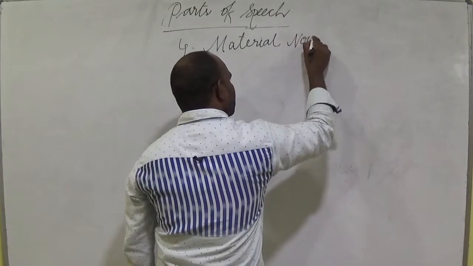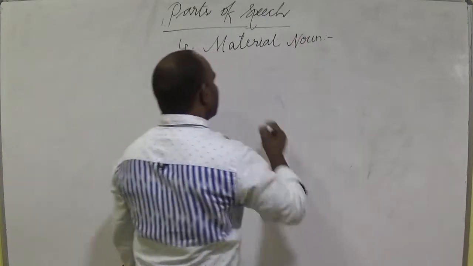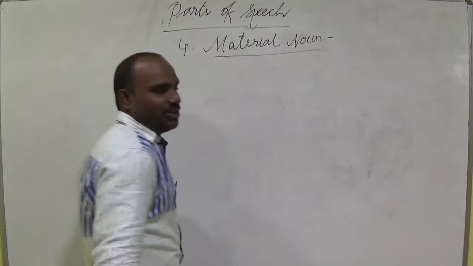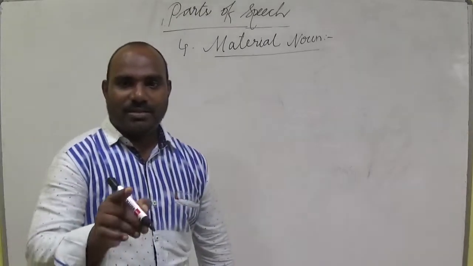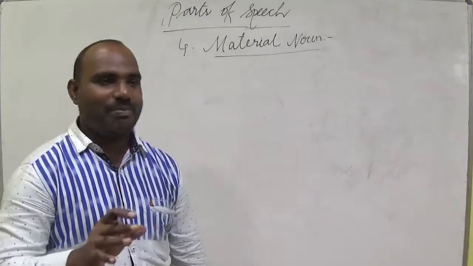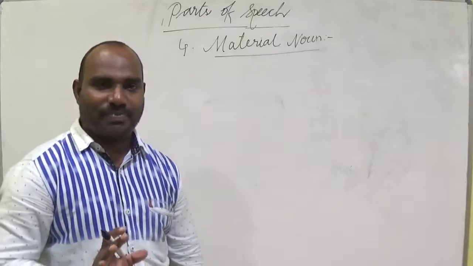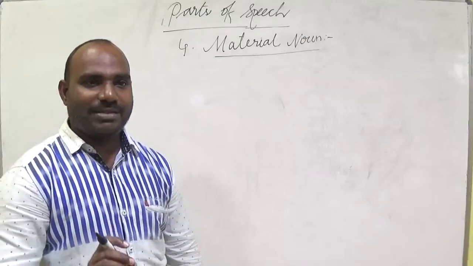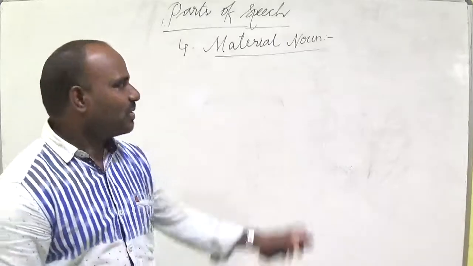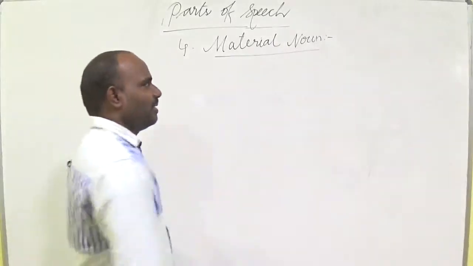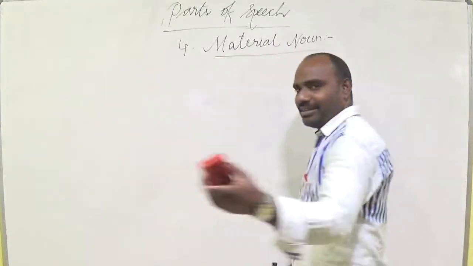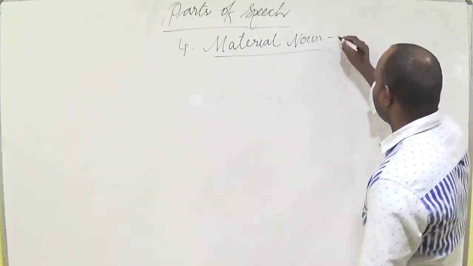Material nouns represent or denote metals and minerals. Minerals and metals are considered material nouns. Here, simple, nothing is there. All metals are called material nouns.